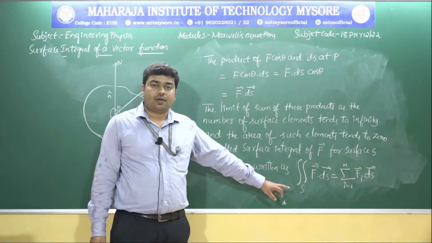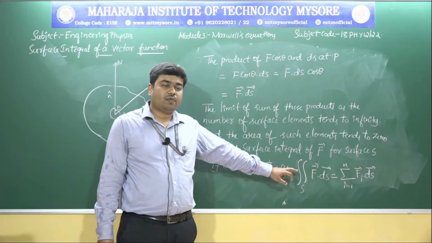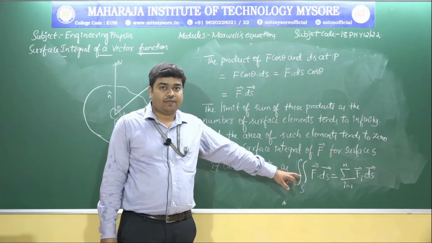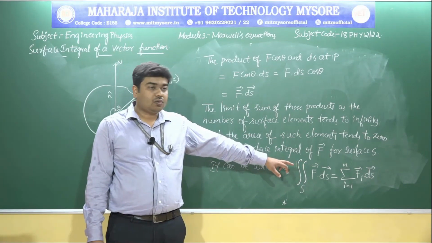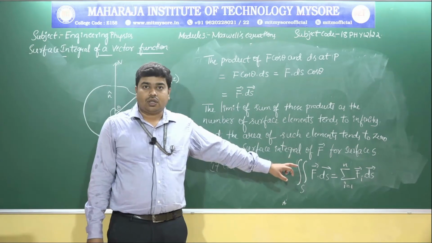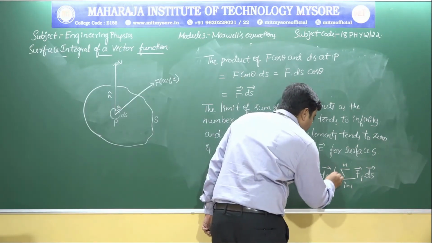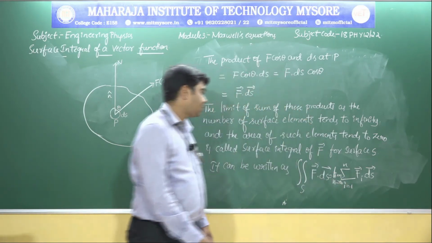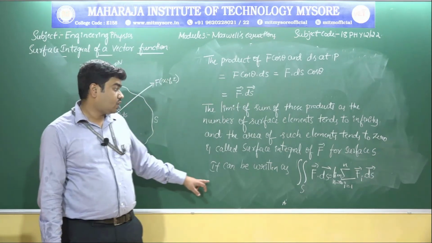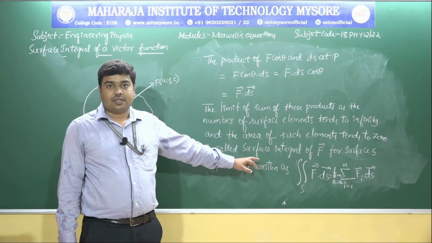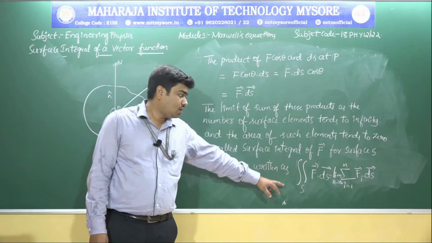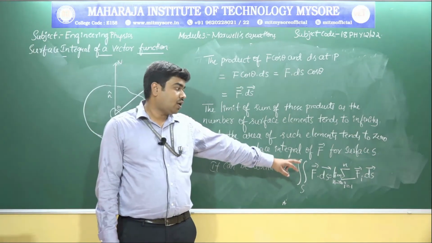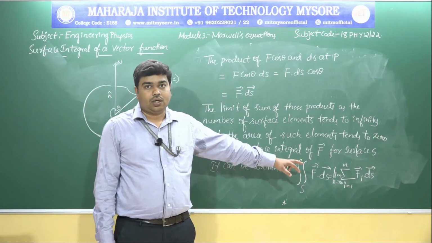So, this is the surface integral equation for the given vector f over the surface S, where the limit n tends to infinity. The double integral over S of f dot ds is equal to the limit as n tends to infinity of sigma i equals 1 to n of fi dot ds.